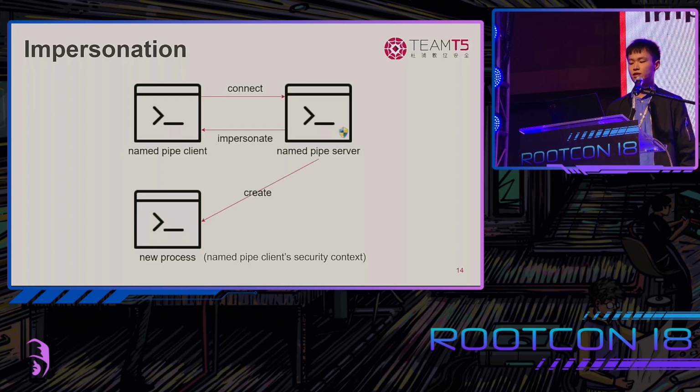Since this mechanism can be used over the SAMBA protocol for remote connections across different systems, it is also often leveraged by attackers for lateral movement. In summary, named pipes provide a communication mechanism between processes and can be used remotely through the SAMBA protocol.